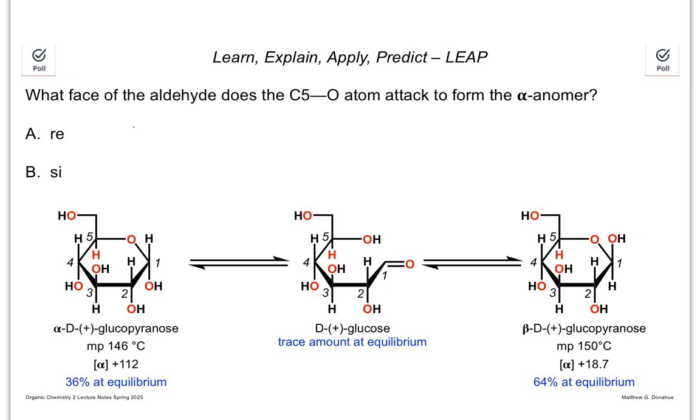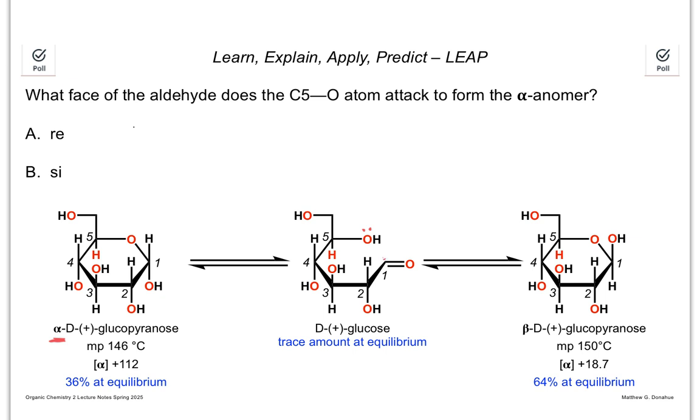Let's see if we remember something here. So we want to form the alpha anomer, so this one over here. And the question is asking you, this alcohol at C5, which face is it attacking to form the alpha anomer? So when we look at the sp2 hybridized carbon of the aldehyde, we can assign priority to the three substituents.